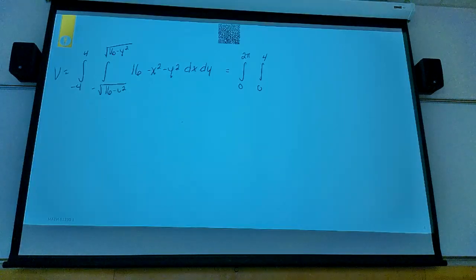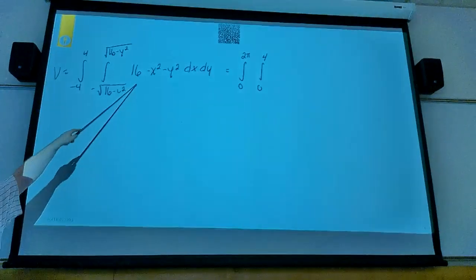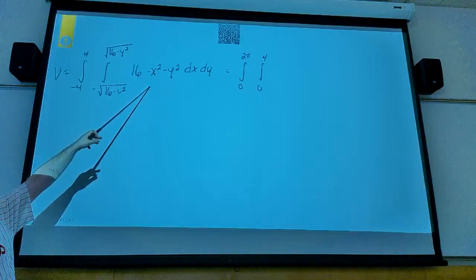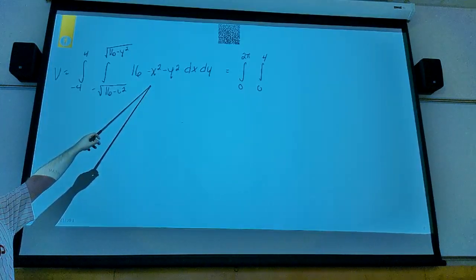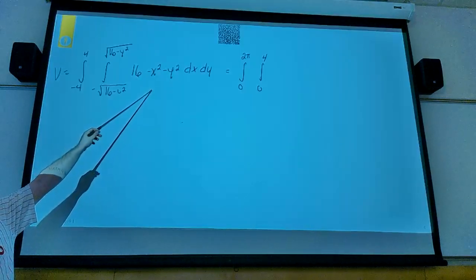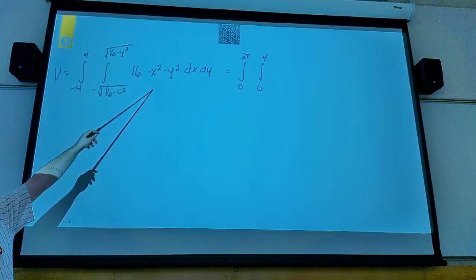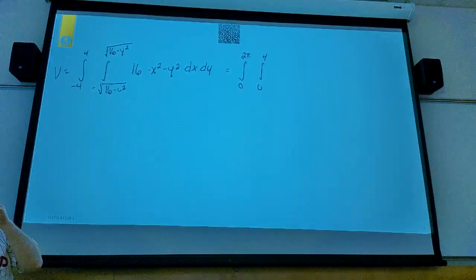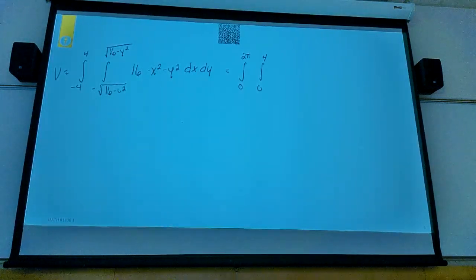We now have to convert the integrand into a polar function. So how would you write 16 minus x squared minus y squared as a polar function? 16 minus r squared.